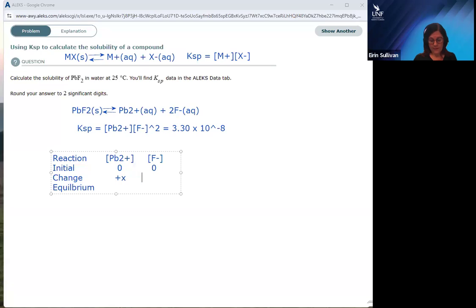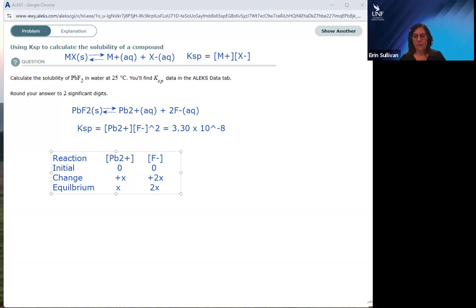So we'll let that be plus X. For every 1 mole of lead-2 fluoride that dissolves, we're going to yield 2 moles of fluoride ions. So be careful with the stoichiometry there. Add my initial and change down each column to get my equilibrium values in terms of X. So at equilibrium, my concentration of Pb2+ is X, and my concentration of fluoride ions is 2X.